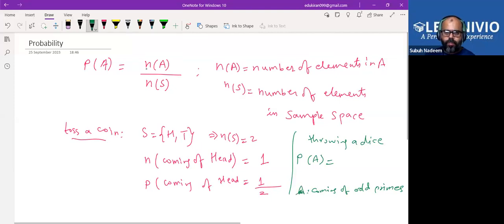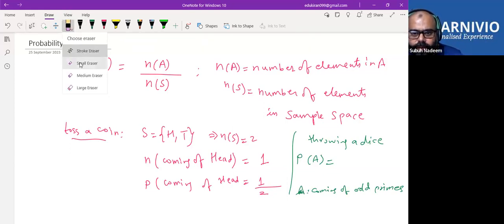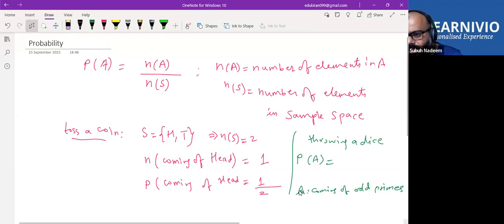So 3/6. How many odd primes are there? 1, 3, 5. 1 is not a prime, no? Yes, sir. 3 and 5. So one is neither a prime nor a composite number. Yes, sir. So in that case, what would be the probability?